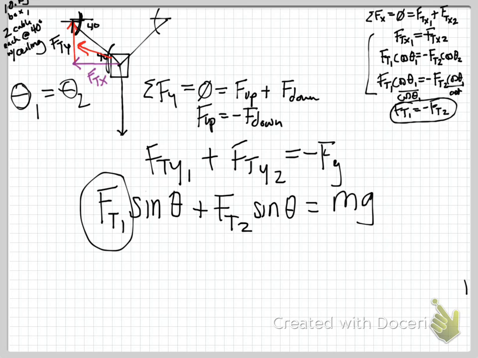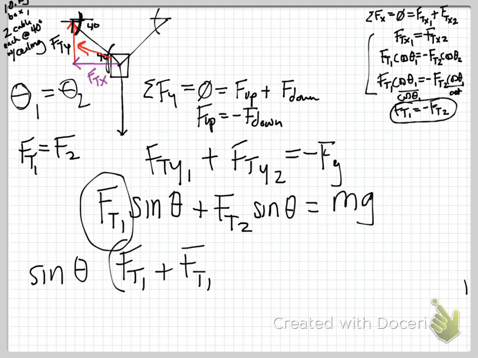So the first thing we can do is say this. Well, force of tension 1 is equal to force of tension 2. So really, this is F of T1, and we could factor out a sine theta. Sine theta times F of T1 plus F of T1 equals mg.